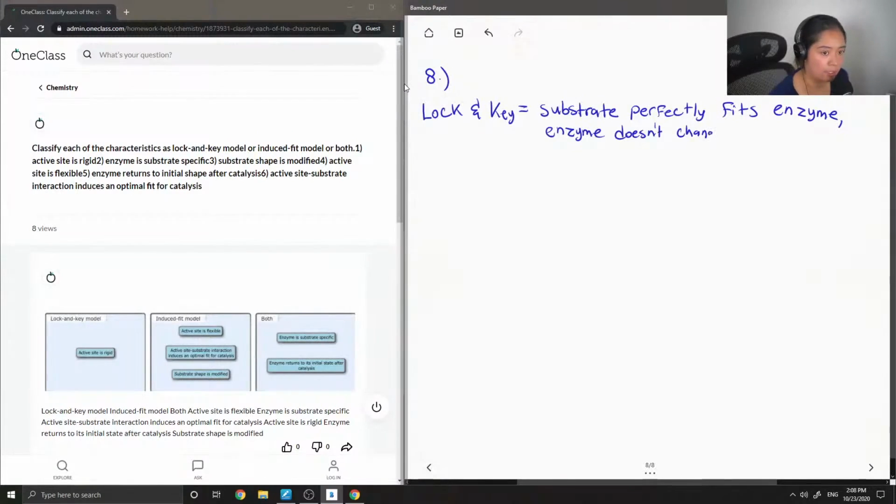So that makes sense, because that's how a lock and key works.